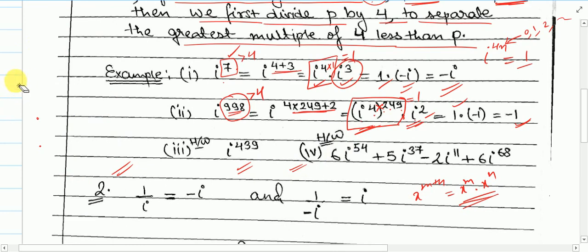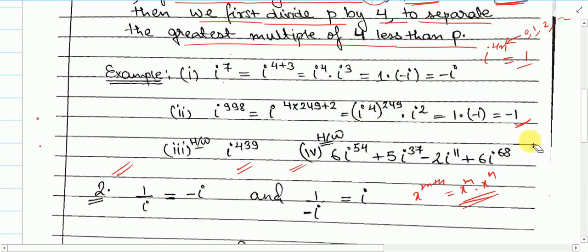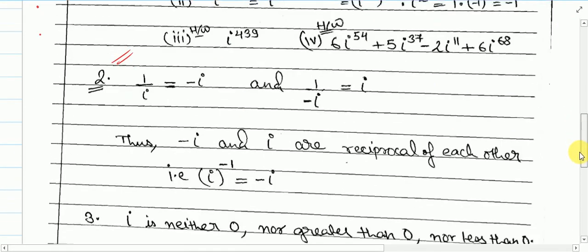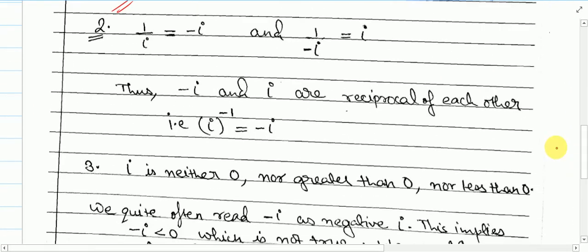Now let us see topic 2. Here we have 1 upon i. So in 1 upon i, you can see that in the denominator we have a complex number.